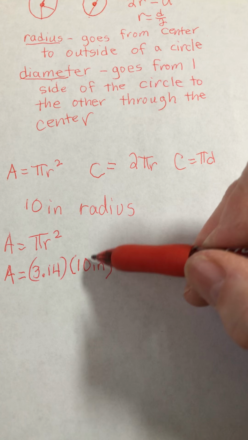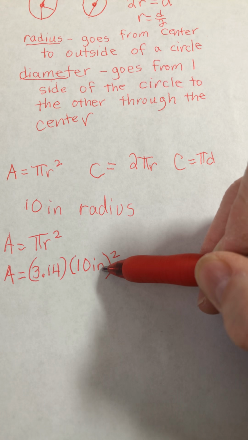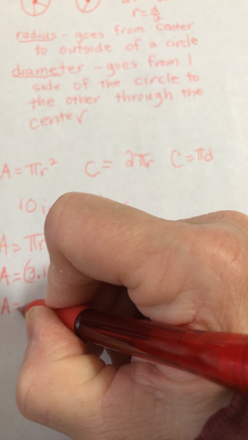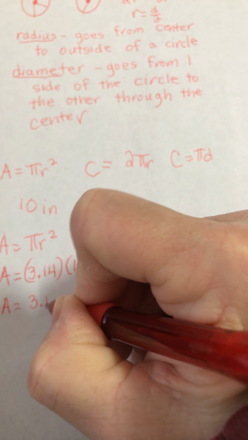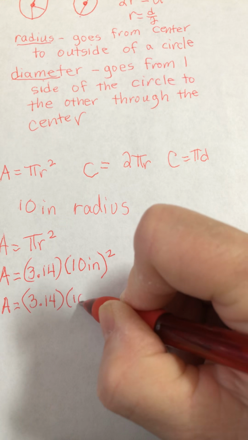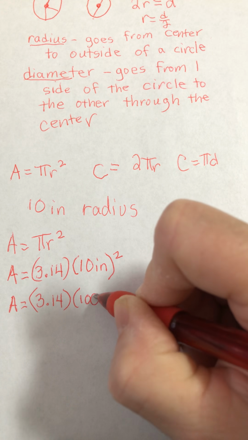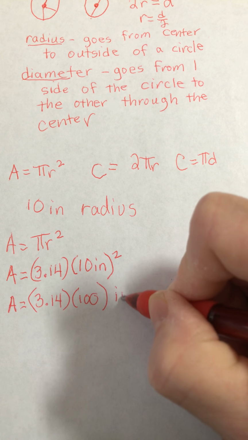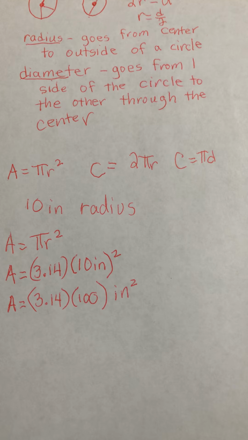That means that I'm going to square the 10 and I'm going to square the inches. So my next step is area equals 3.14 times 100, since 10 squared equals 100, right? And then inches times inches would give me square inches, or inches squared.